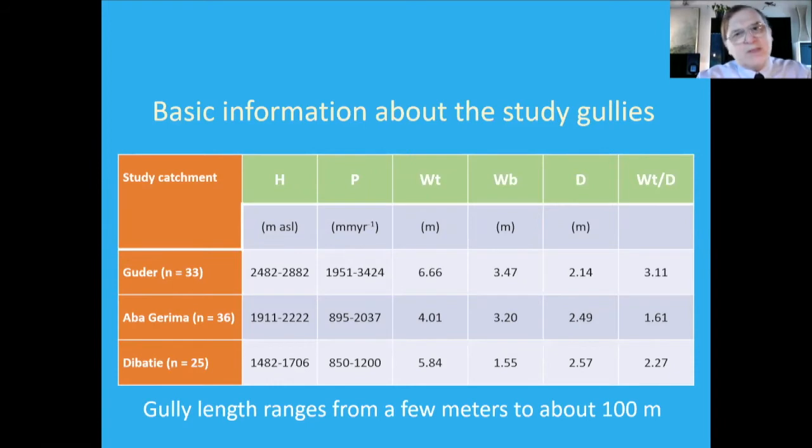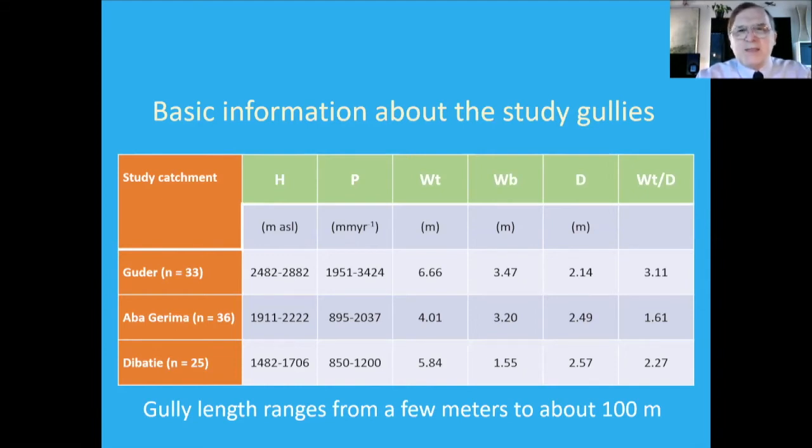Rainfall, of course, is highest in Guder with 1,900 to 3,400 millimeters per year. Aba Gerima is intermediate, 800, 900 up to 2,000, and Dibate is 800, 850 up to 1,200 millimeters per year.